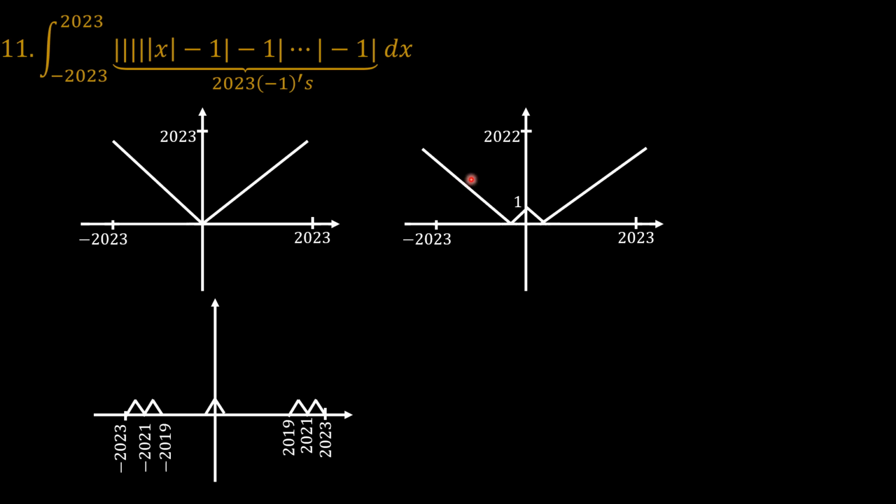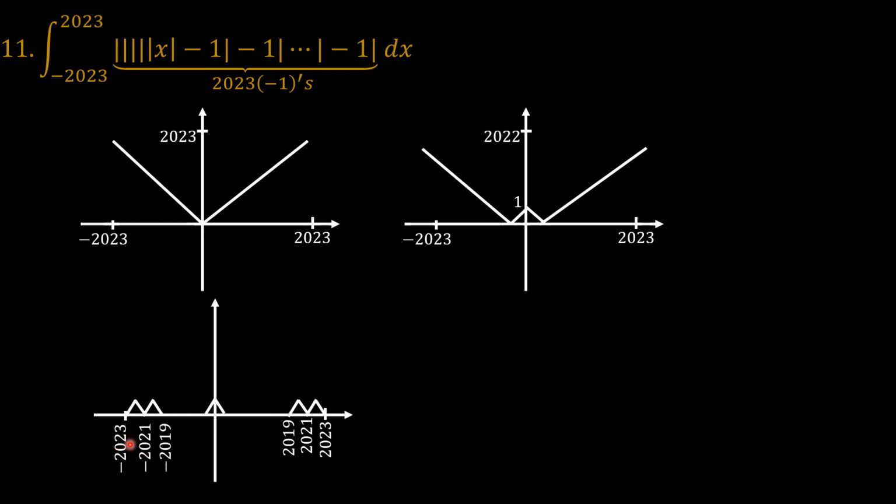So it does continue in the same way until the initially 2023 value here becomes 0, right? And that's when you would have subtracted 2023 negative 1s from the successive absolute values.